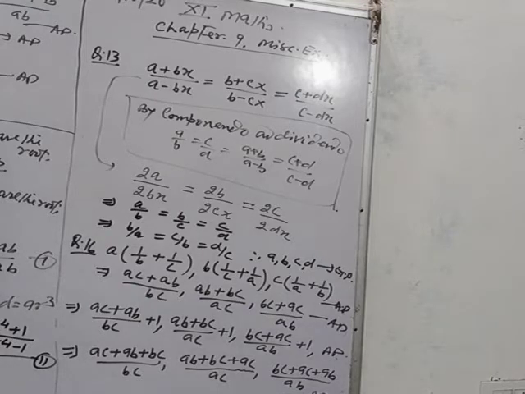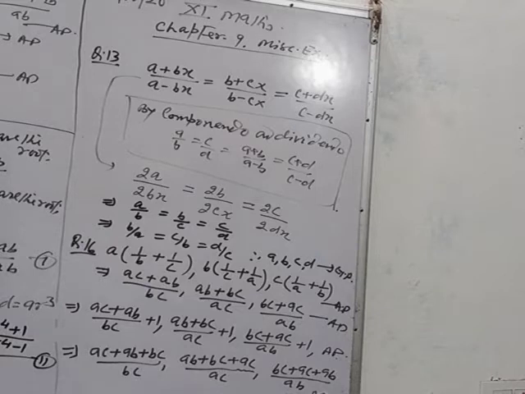Adding the denominator a − bx to a + bx, the bx cancels, and in the numerator you get 2a in the first part, 2b in the second part, and 2c in the third part. In the denominator, subtracting the denominator from the numerator, a cancels and you get 2bx in the first part, 2cx in the second, and 2dx in the third.